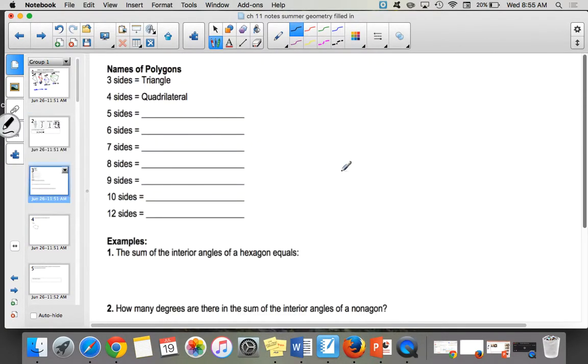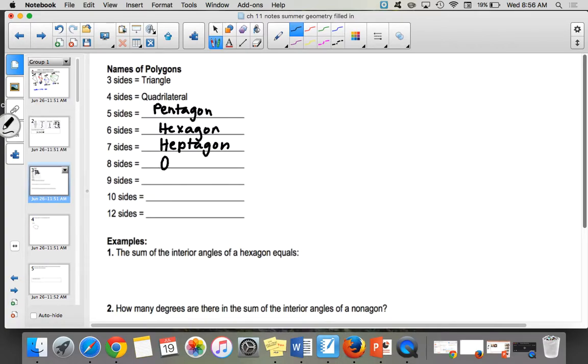All right. So what about these names? So we said triangle, quadrilateral, pentagon, hexagon. What about 7? Everybody always gets this wrong. They always say septagon. It's not septagon. Do you guys know what it is? No. It's a heptagon.